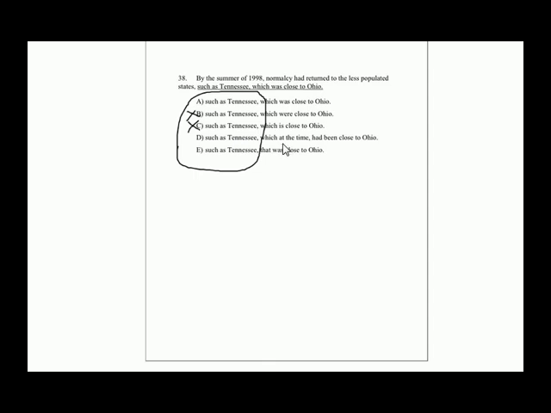Choice D, such as Tennessee, which at the time had been close to Ohio. This is really awkward construction. You don't expect states to move with time. So it's just not the correct one. So that leaves us with A and E, which could be potential correct choices. How do you make a choice between these two? Now the key difference is the use of which versus that.